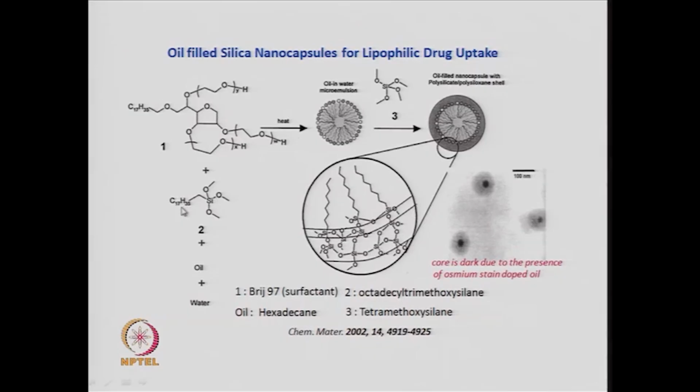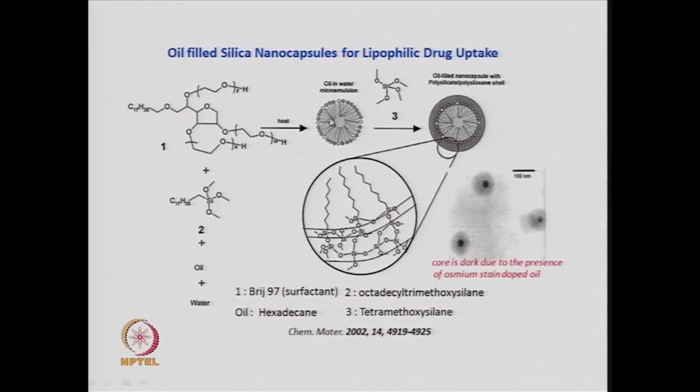So, this octadecyl trimethoxysilane with the hexadecane oil, you will mix along with the surfactant and water, and when you mix all these four, the surfactant, the oil, water and this octadecyl trimethoxysilane molecule, and heat it, then you get this kind of an oil in water microemulsion.